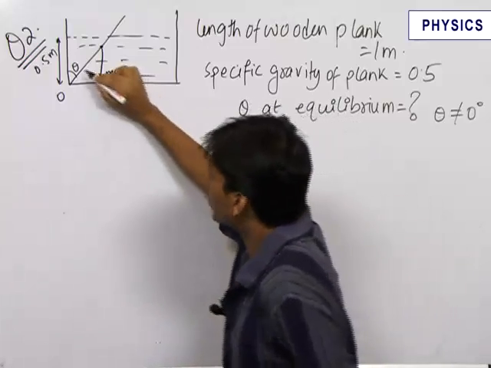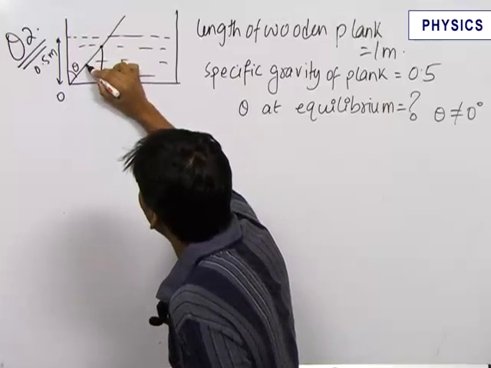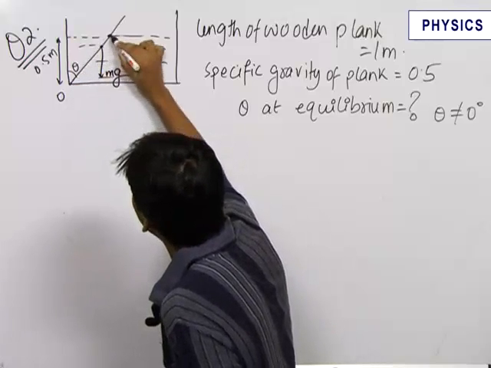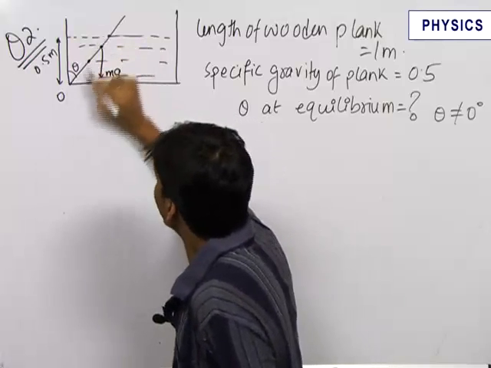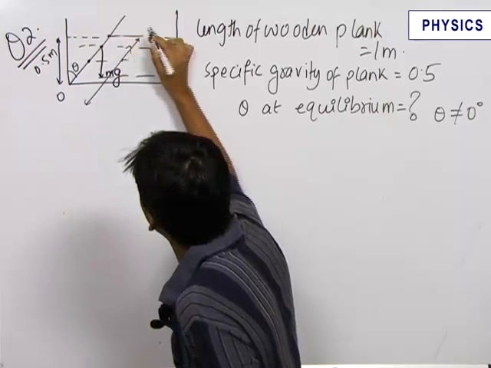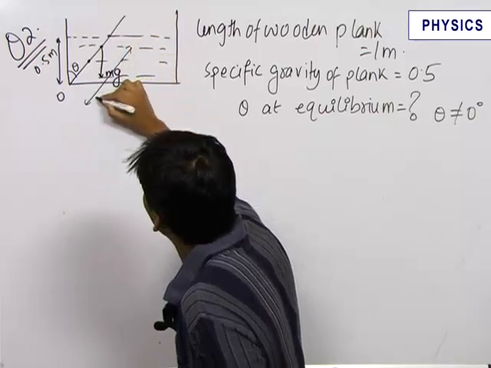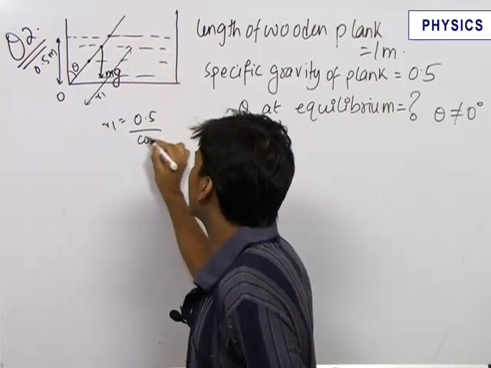So the displaced volume in this case is this. The center of mass of this displaced volume is the center of this length, somewhere here. This length, let us call it R1. R1 is equal to 0.5 upon cos theta.